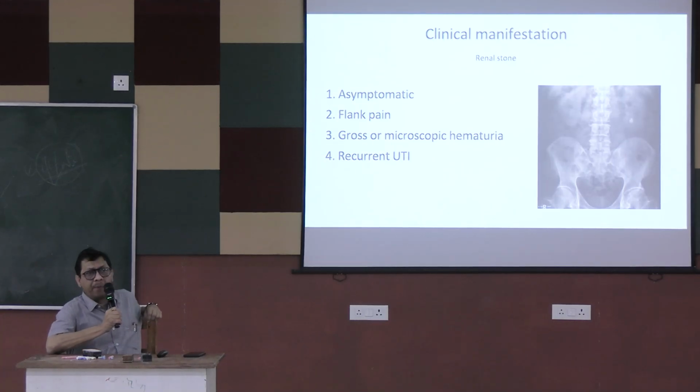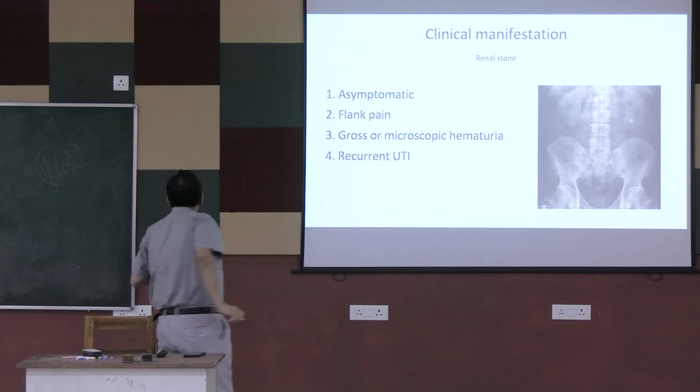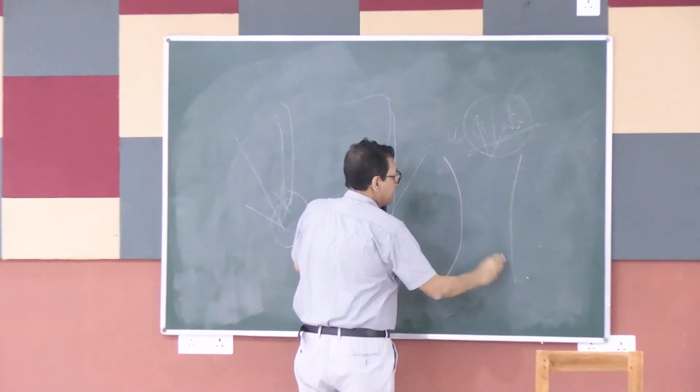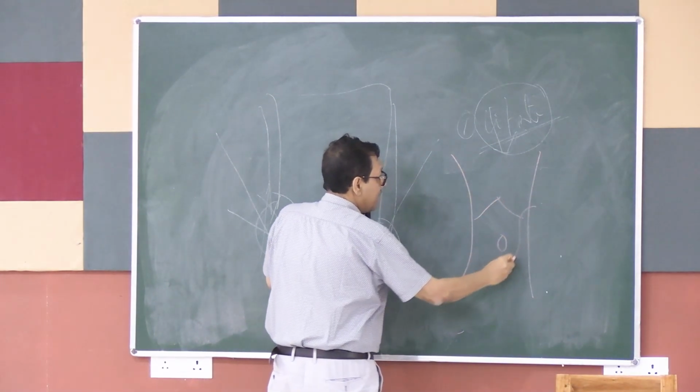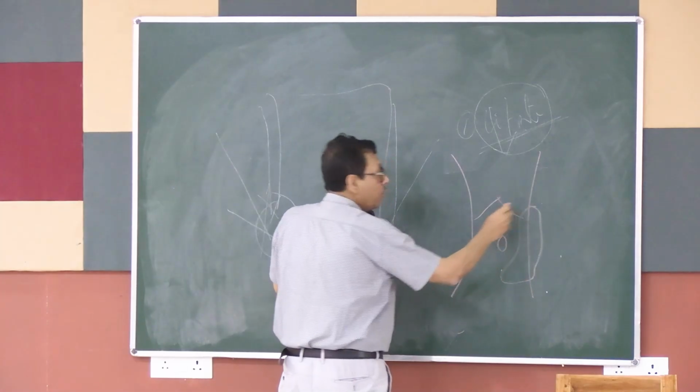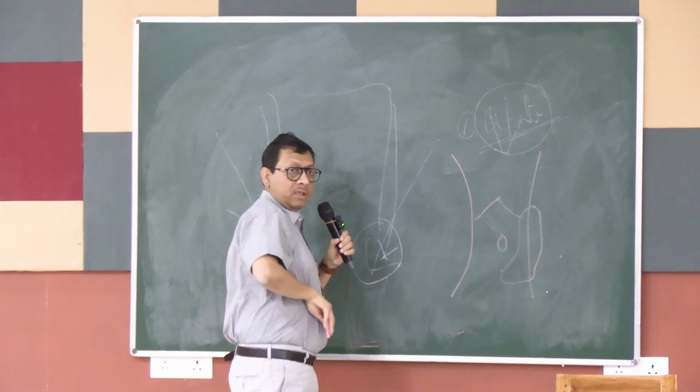The second is flank pain, which is the most common presentation we get. I am talking about ureteric and kidney stones both. What is the flank? What do you understand by flank pain? If you look at the structure like this, this is the area in your body, from here to this part.